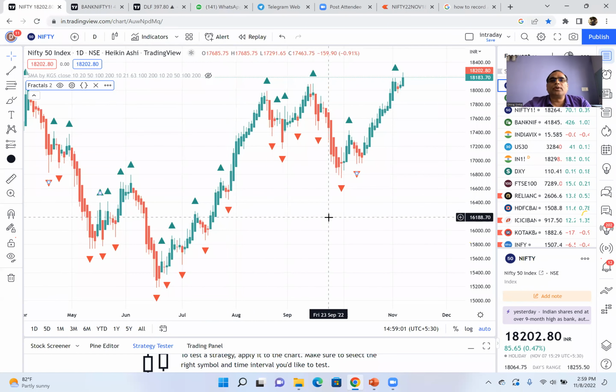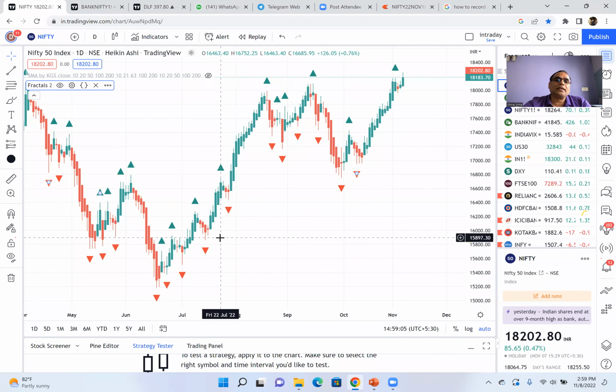Okay. So the only thing I thought was that if I'm in a bullish trade and a fractal is getting formed. So assume that I was in a bullish trade here. Let's say on 19 July, I got into a bullish trade, and I see a fractal getting formed on 25th July on a 22nd July candle. I will move my trail stop loss to 16,456 level.